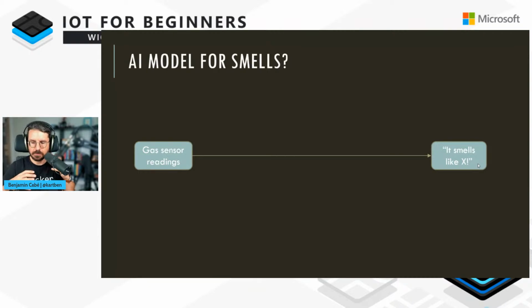So it would essentially start by acquiring lots and lots of data and labeling the data, right? Essentially, the idea is there must be some kind of mathematical function that takes raw sensor readings, measuring the concentration of each of the 4 gas compounds that my gas sensor can measure, and relates it to a particular smell, right?